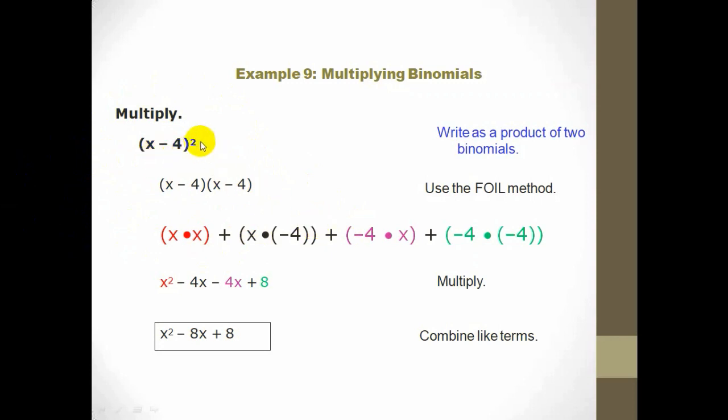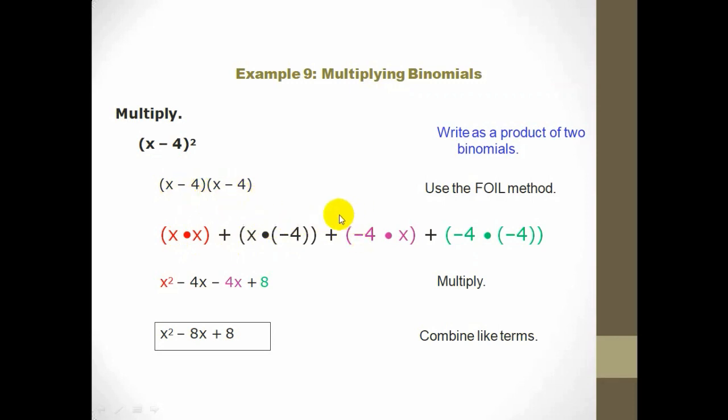x minus 4 whole square can be written as x minus 4 into x minus 4. So use the FOIL method. Multiply the first terms, multiply the outer terms, x and minus 4. Multiply the inner terms, minus 4 and x.